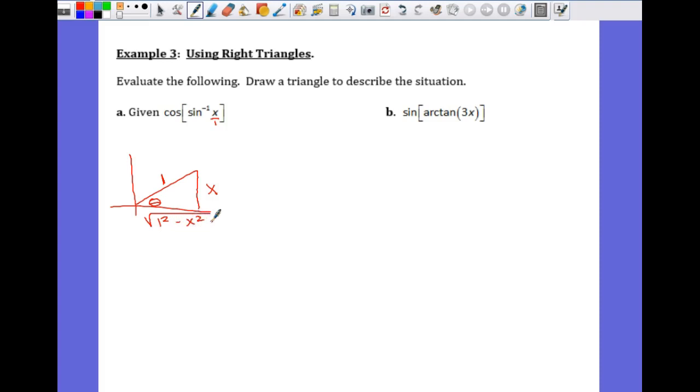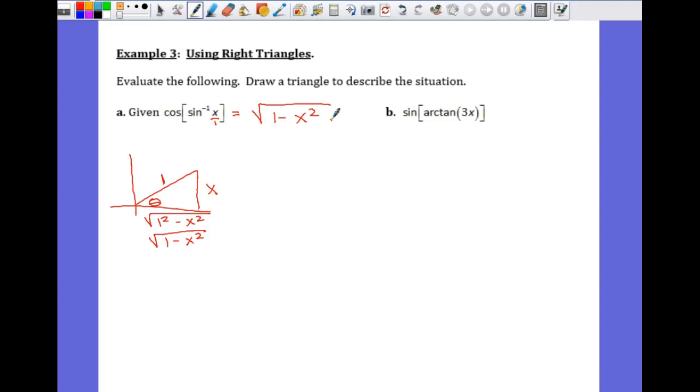So you get the square root of 1 minus x squared, because 1 squared is 1. So your answer is cosine equals adjacent over hypotenuse. So my answer is square root 1 minus x squared. So that's cosine.